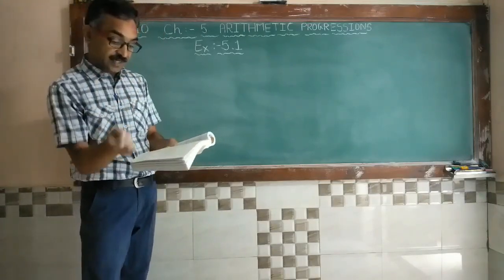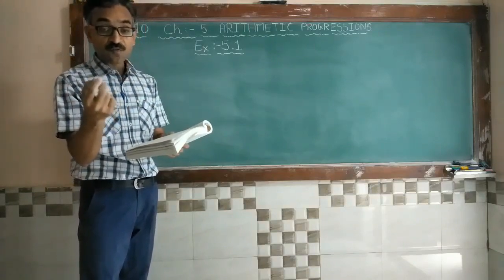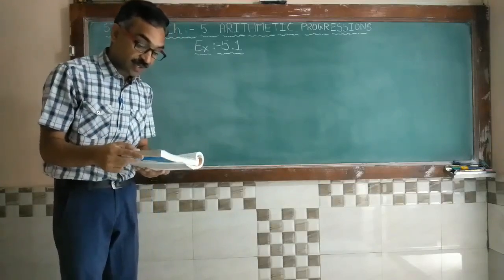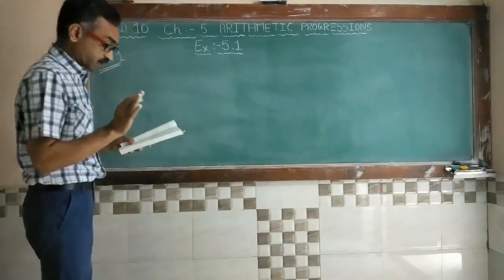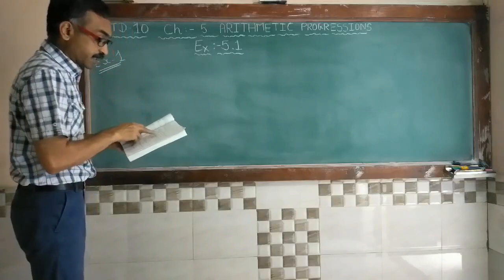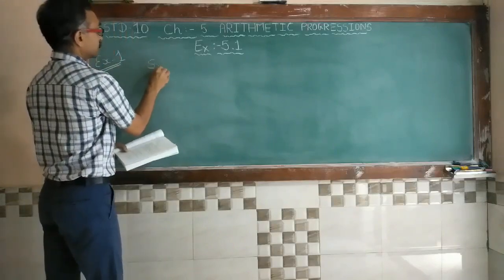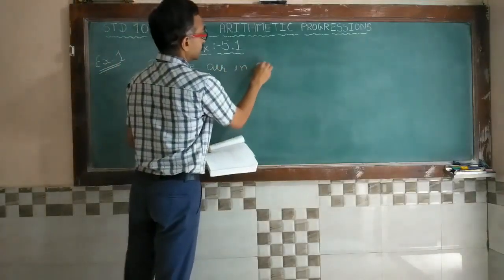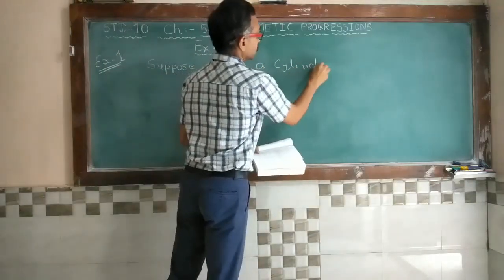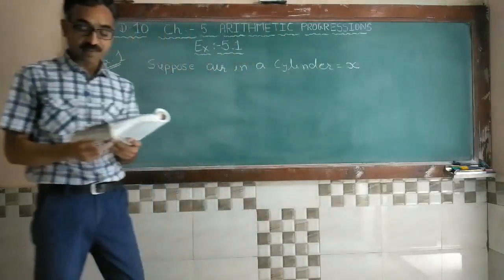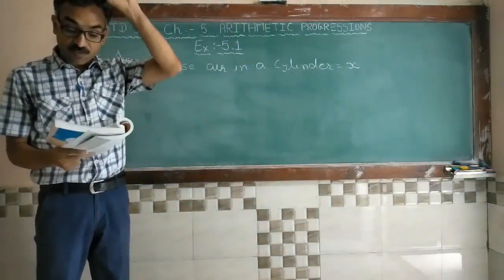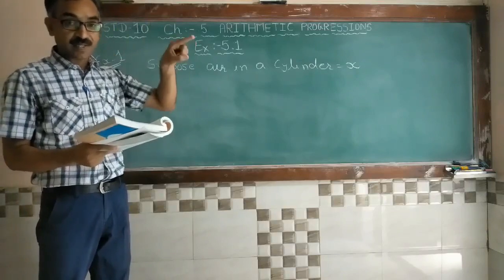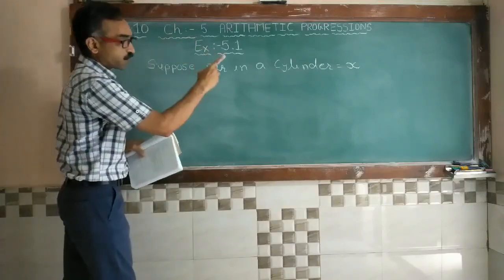Again, the amount of air present in a cylinder, we don't know how much air is in the cylinder. Suppose the air in the cylinder is X. Now every time when a vacuum pump removes 1/4 of the air remaining in the cylinder, when you pump it, 1/4 of the air in the cylinder is removed. So your first term is X.